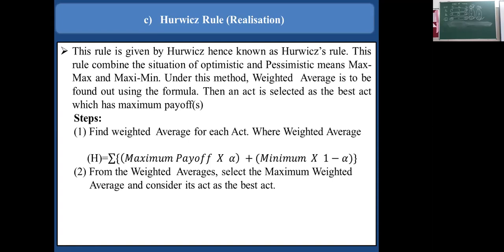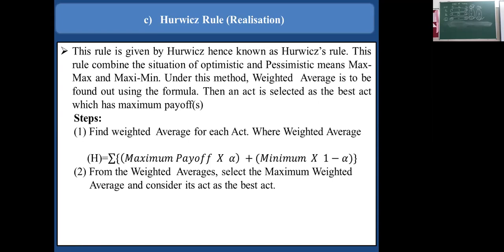Under this method, the weighted average is found using the formula, and finally we select that act as the best act which has the maximum average profit. And these are the steps.